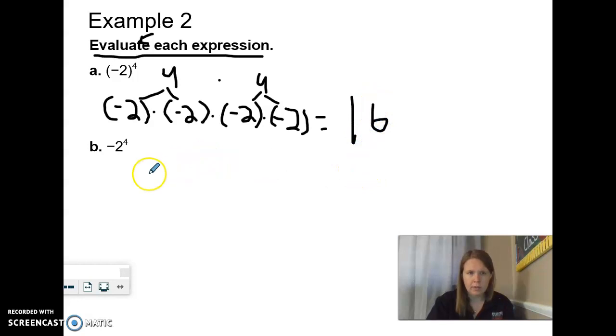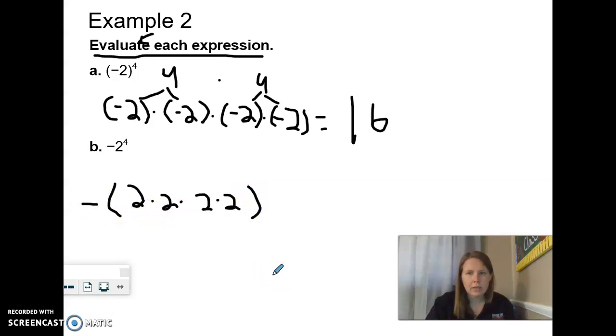In this case, this is how I would expand out this problem. I would have 2 times 2 times 2 times 2. Because there's no parentheses here, I did not keep this as a negative 2 when I multiplied out. What I'm going to do is add one big parentheses and keep the negative on the outside.